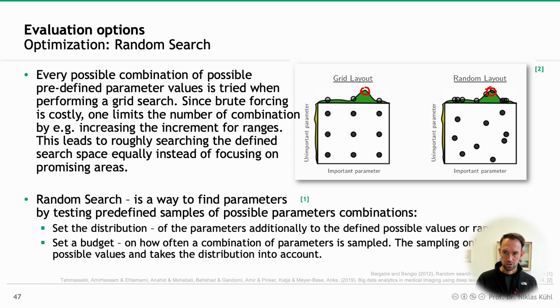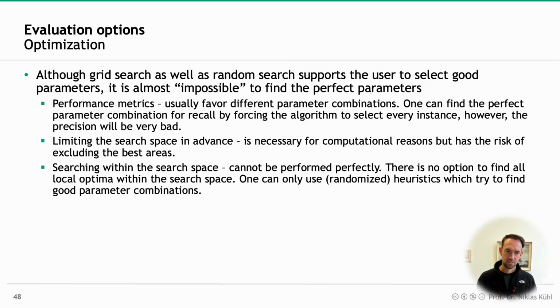There's one word of caution though when we talk about optimization. Although grid search and also random search really help you in identifying good parameters, it is almost impossible to find the perfect parameters, right? So your performance metric usually favors certain types of combinations. Again, I talked about this precision recall trade-off.